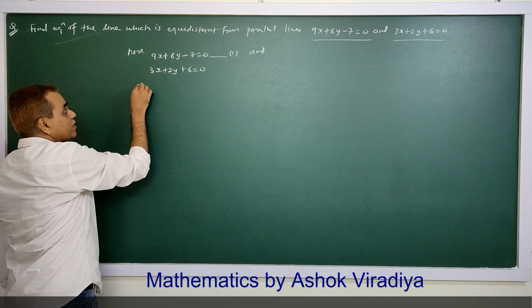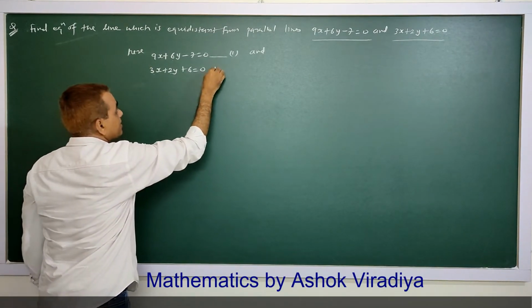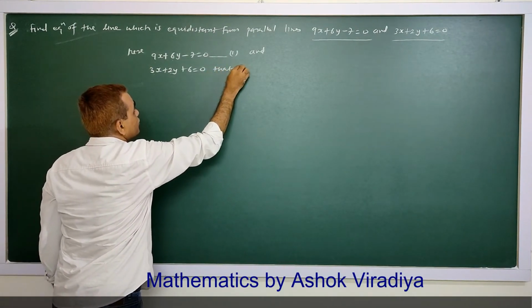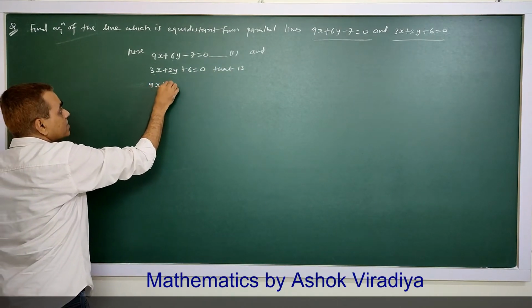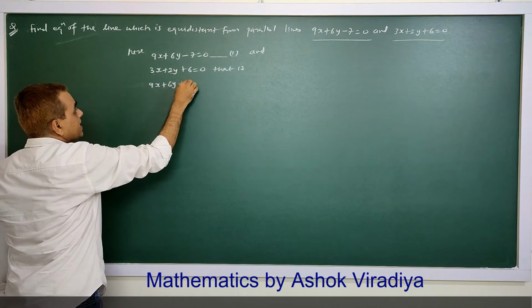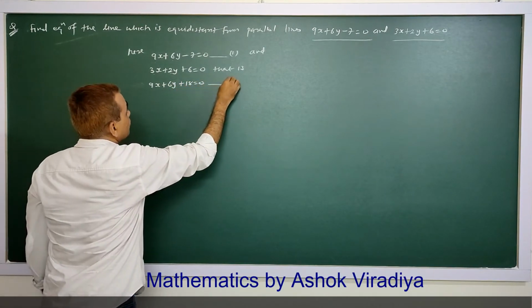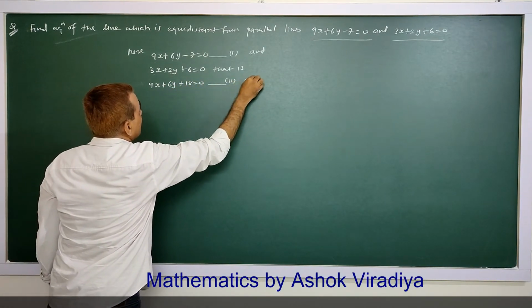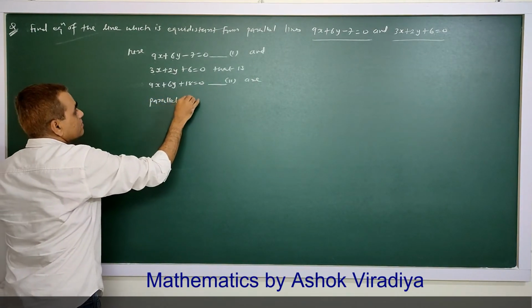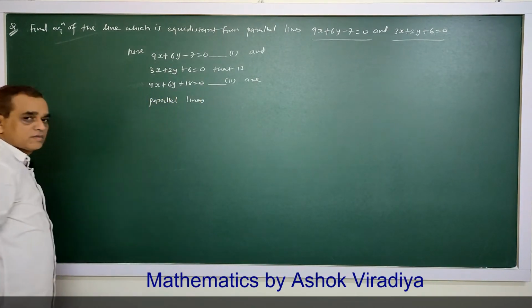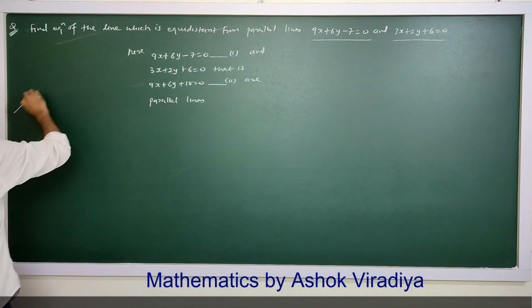The second equation we are multiplying by 3, so it will be 9x plus 6y plus 18 equals 0. So these are parallel lines. So 1 and 2 are parallel lines.